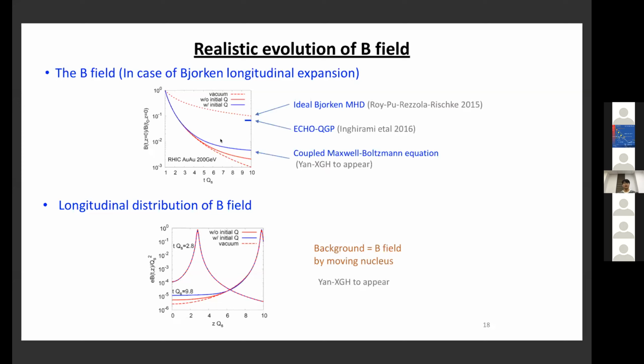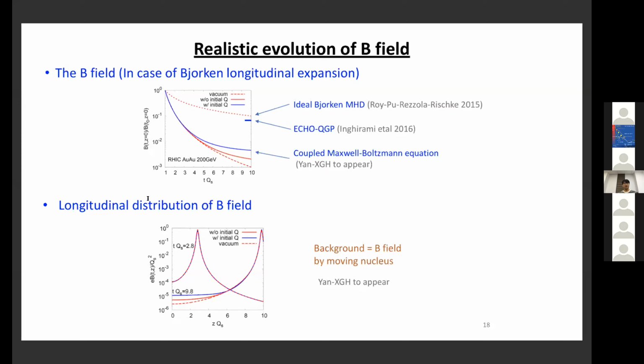So our result can be used for further study of the magnetohydro evolution of the magnetic field. For example, IQQSP could use our result as input and run the hydro code further to see how the B field evolves after this kinetic region.